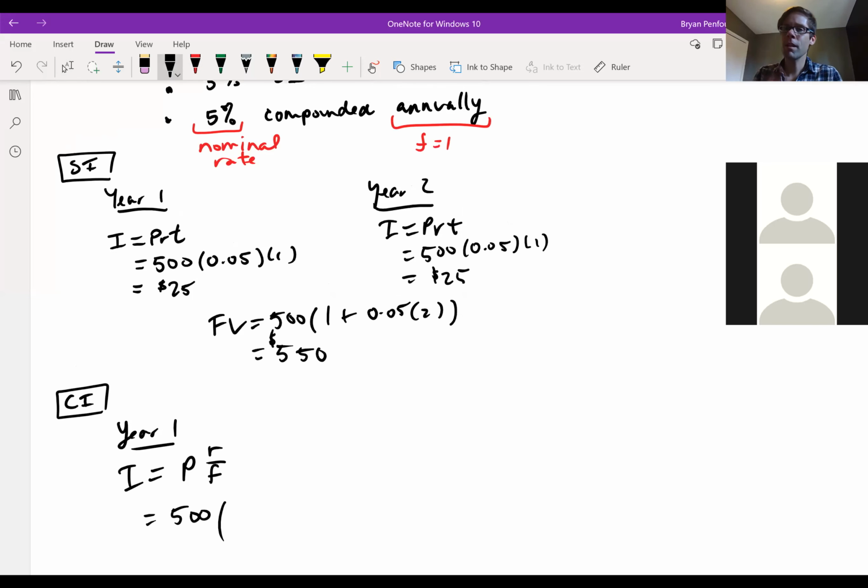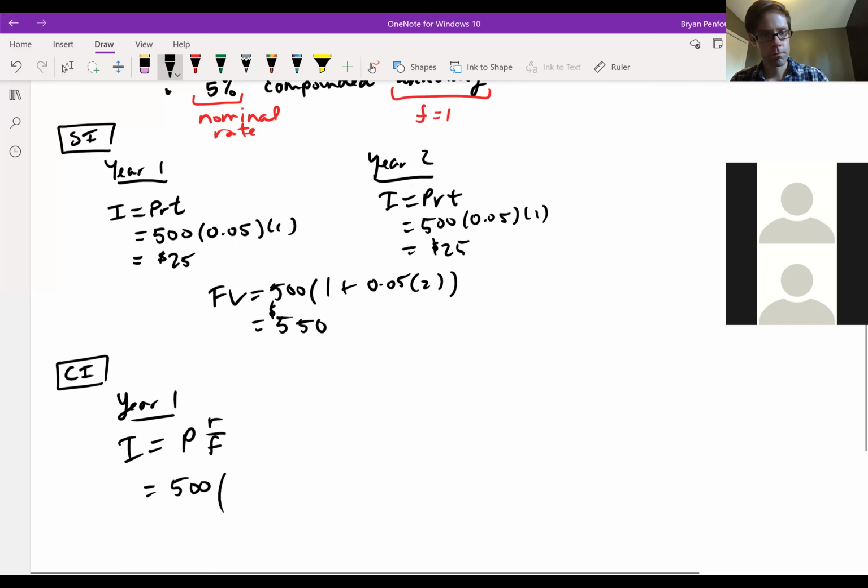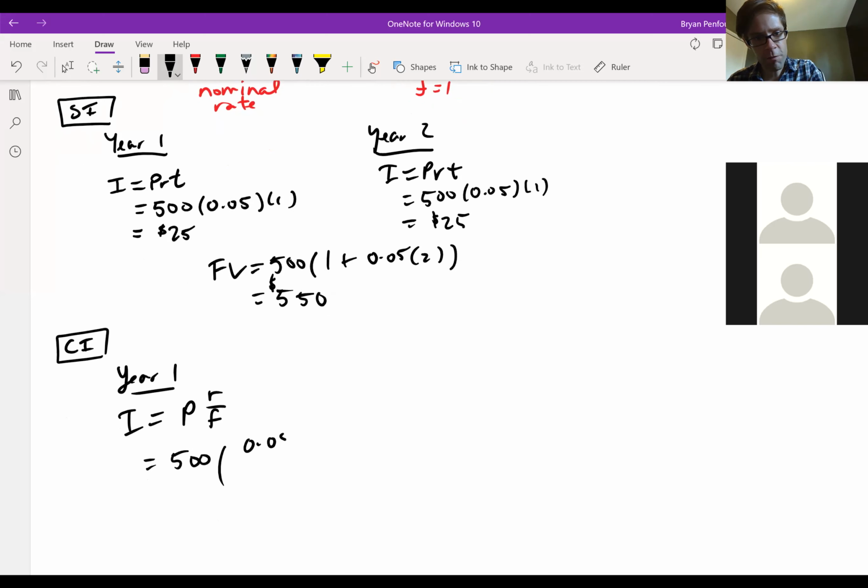And in this particular example, I've tried to keep things nice and simple so we can compare it easily to simple interest. So our frequency number in this case is 1. We only go through one period where we earn interest if this is a 5% annual rate. So we're going to get 5% annually. And during year number 1, we're going to earn $25, just like we did in the simple interest case.